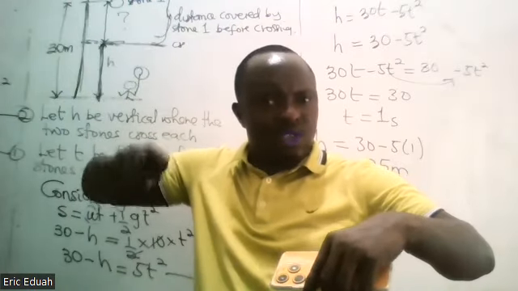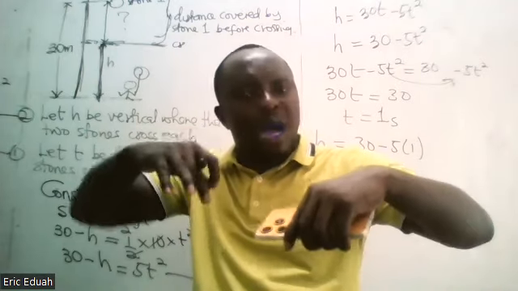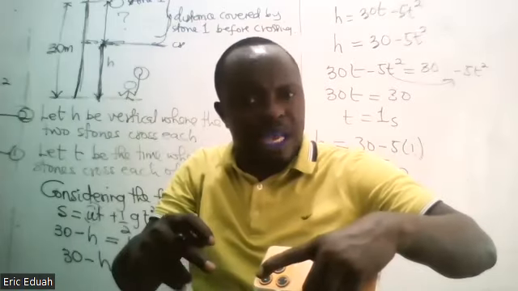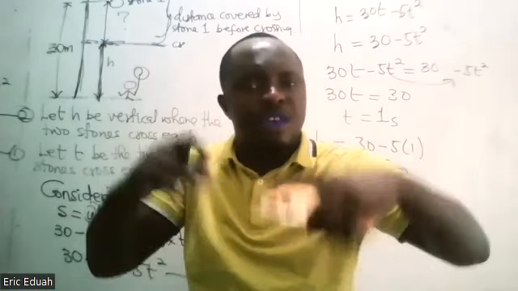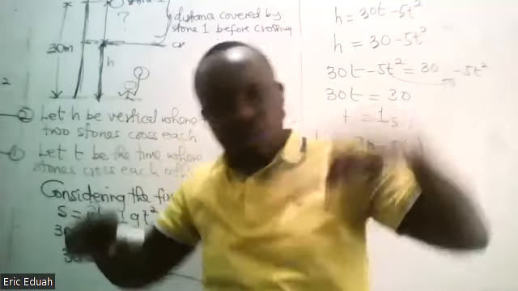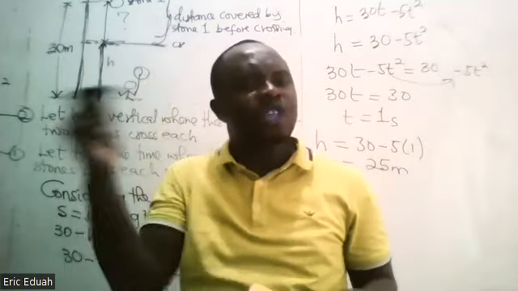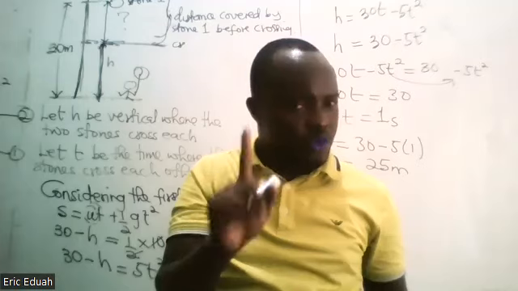However, it is not falling due to gravity, and that also explains why they can fall to the ground at the same time, even though one is thrown and the other one is made to fall freely. So the first one would accelerate due to gravity, u is equal to 0.